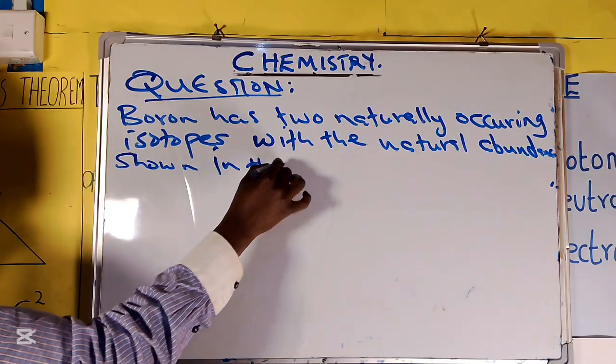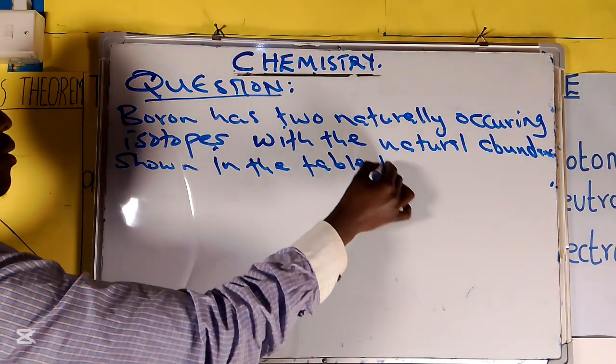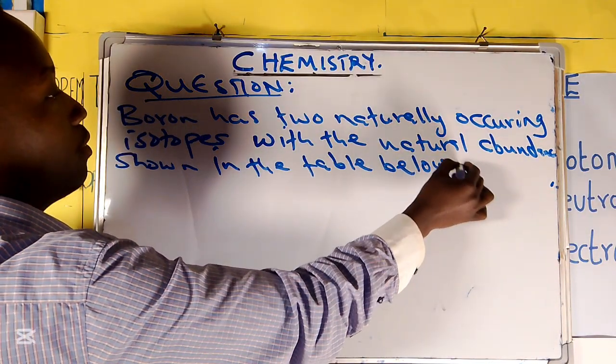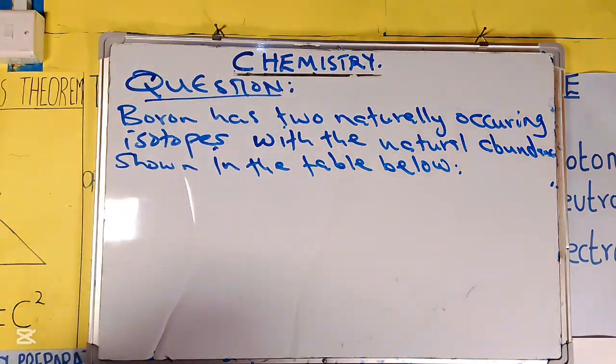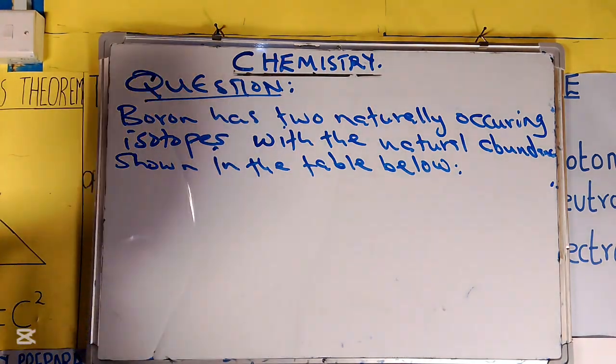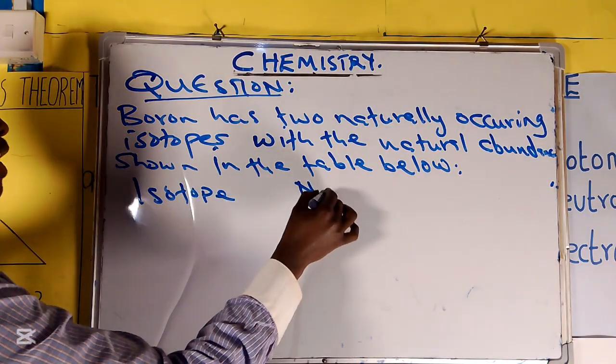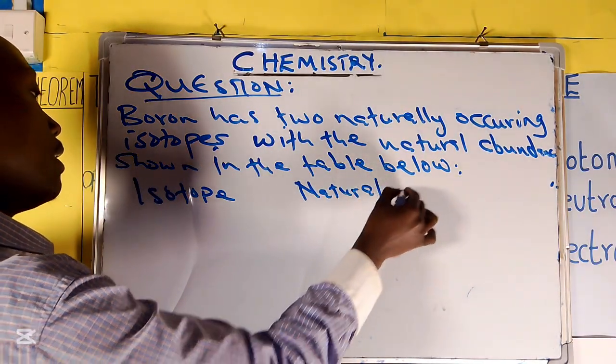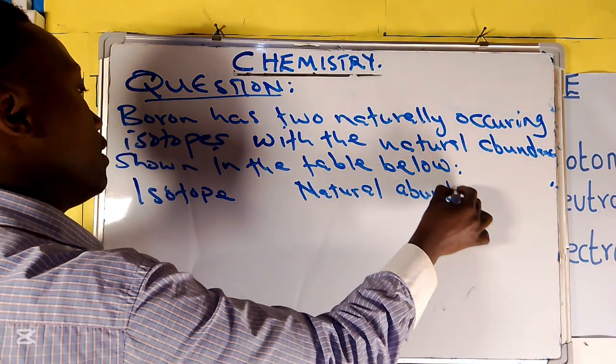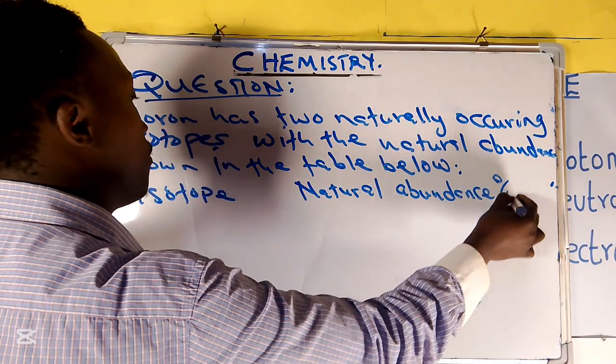So we have isotope and we have natural abundance in terms of percentage.